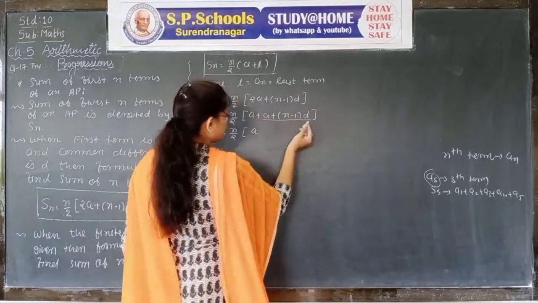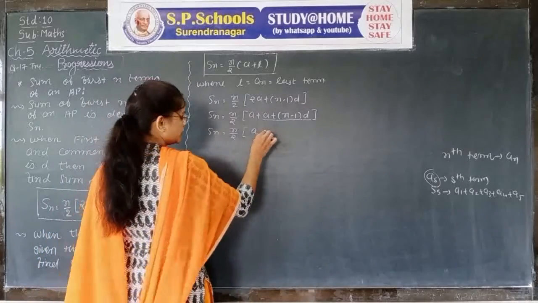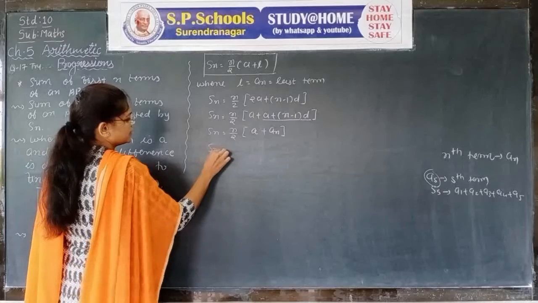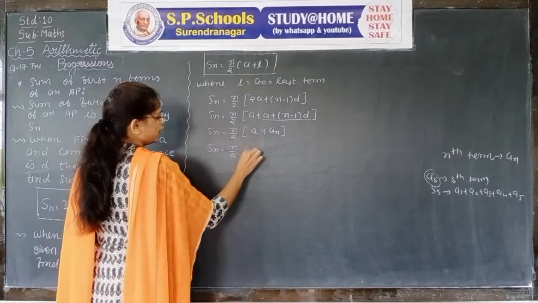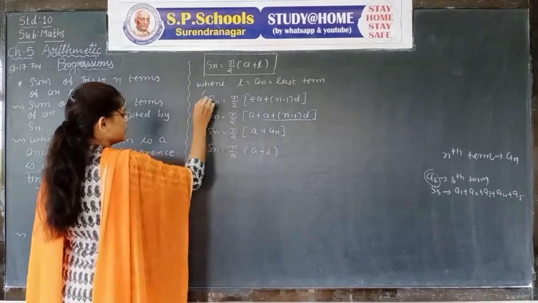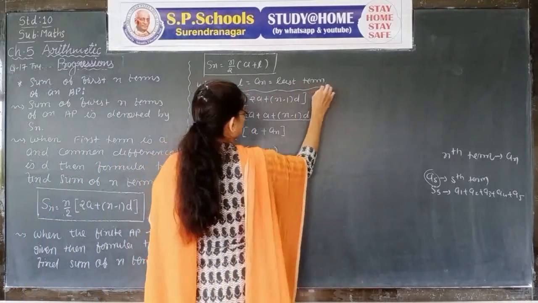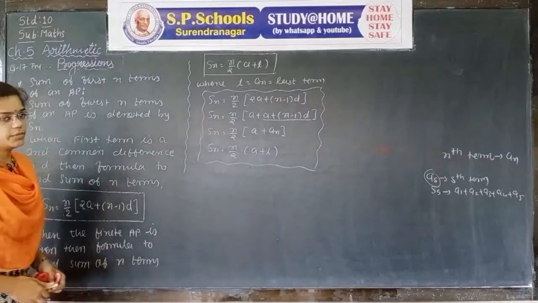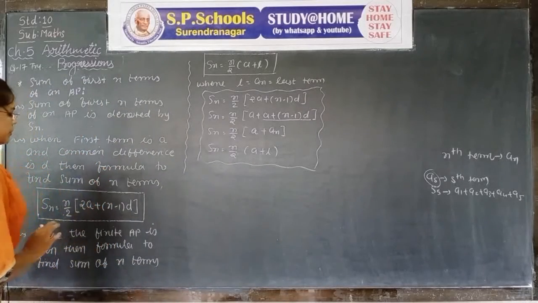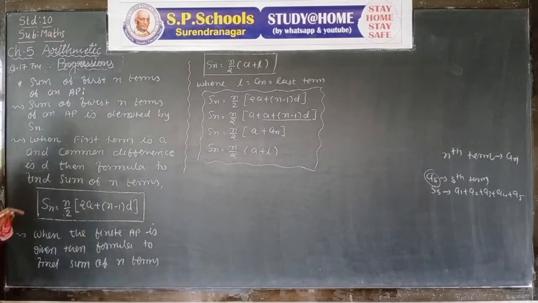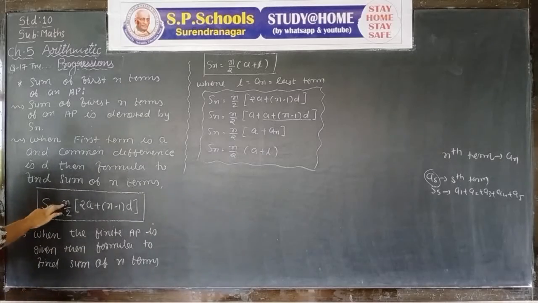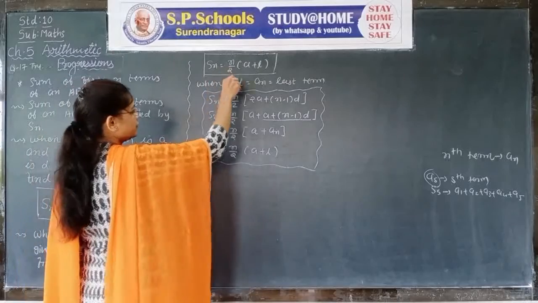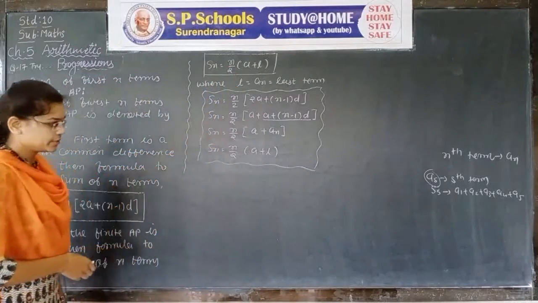We know a plus n minus 1 into d gives the formula to find an. That's why Sn equals n upon 2 into bracket a plus L. Keep in mind these two Sn formulas: n by 2 into bracket 2a plus n minus 1 into d, and n upon 2 into bracket a plus L.